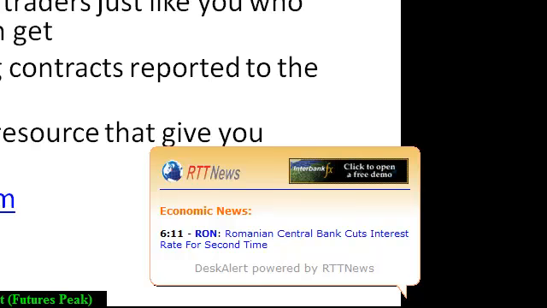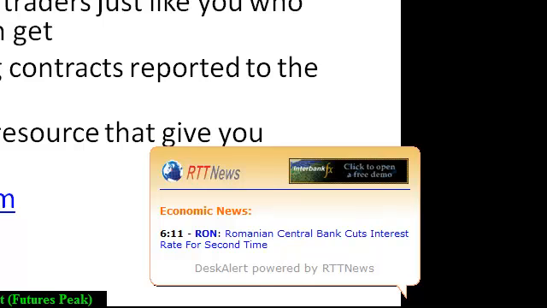Now, for you to interpret this, you'll be finding terms like commercial, non-commercial, long, short, and all of that. I will be skipping this and going straight to the crux of the matter. I'll be taking you to a website, commitmentoftraders.com. They've done a very great work there. You can also get further information on this on babypips.com.